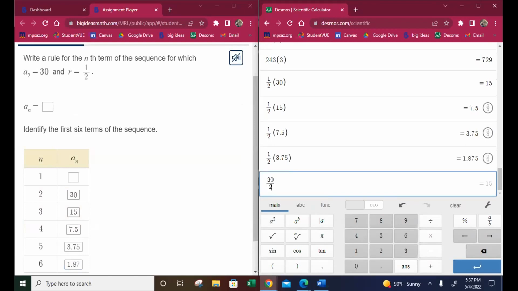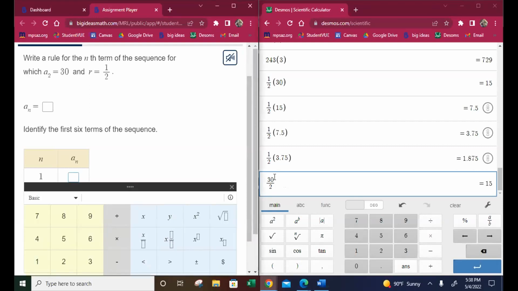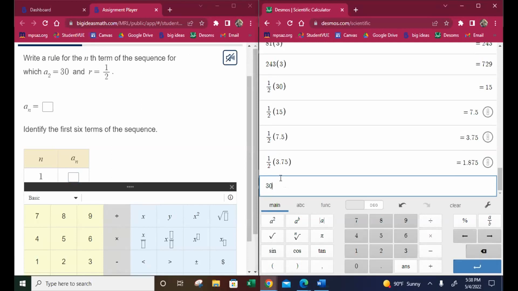Probably want to go 1.875 if you can. Now, do you see how that 15 is already there? That means you got to undo it. You got to go the other direction. So 15 is correct, but remember you were multiplying by 1/2, so you have to divide by 1/2.